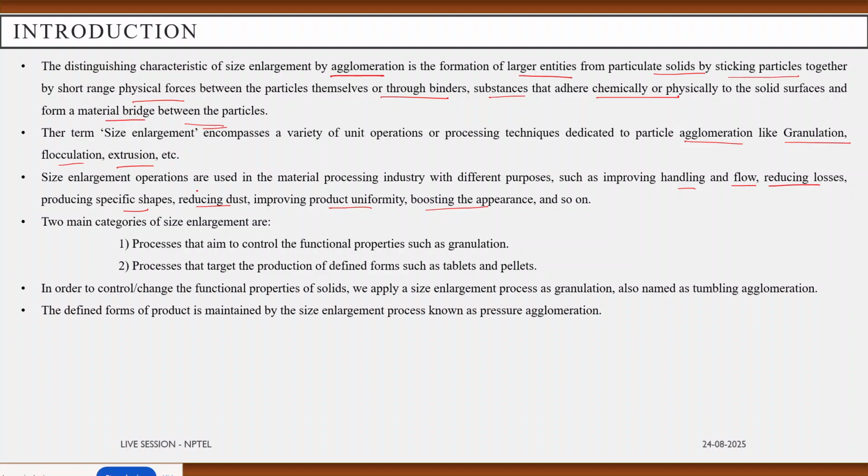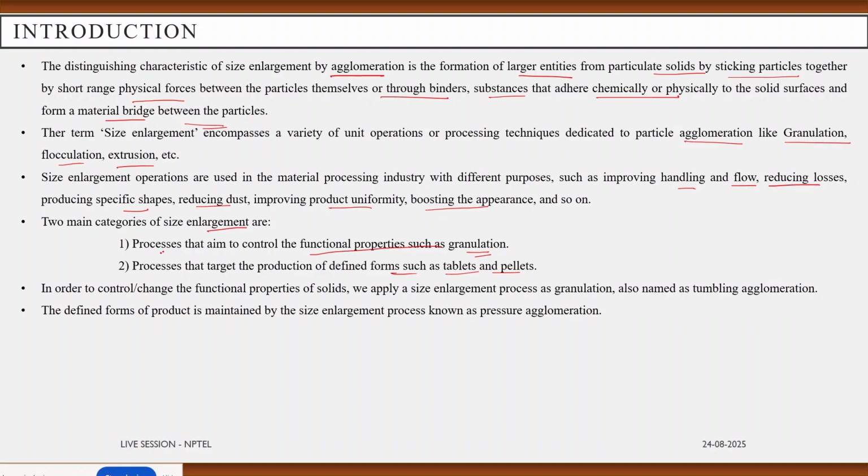So basically, there are two main categories of size enlargement. One is processes that aim to control the functional properties, such as granulation, and the other is processes that target the production of defined forms, such as tablets or pellets.